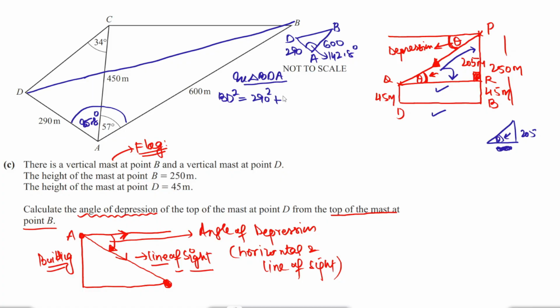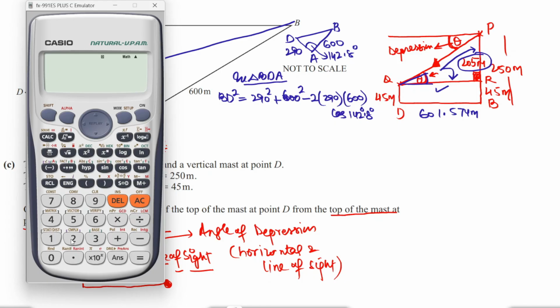plus b square minus 2ab cos 142.8 degrees. So we have 290 square plus 600 square minus 2 times 290 times 600 times cos 142.8, and let us see.